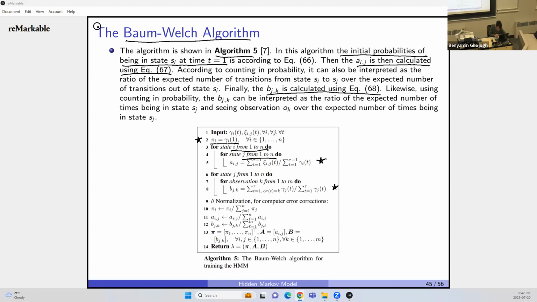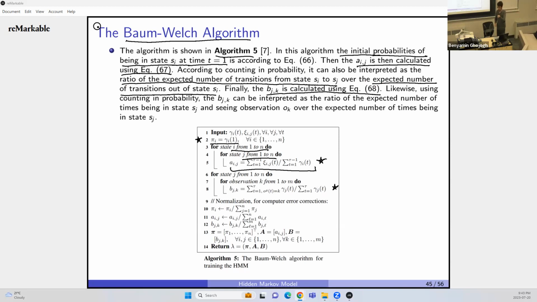By the way, according to the count of expected number of transitions, you can interpret the equation for aij as a ratio of the expected number of transitions from a state Si to Sj over the expected number of transitions out of a state Si. Do you agree? What is the definitional probability when you count?